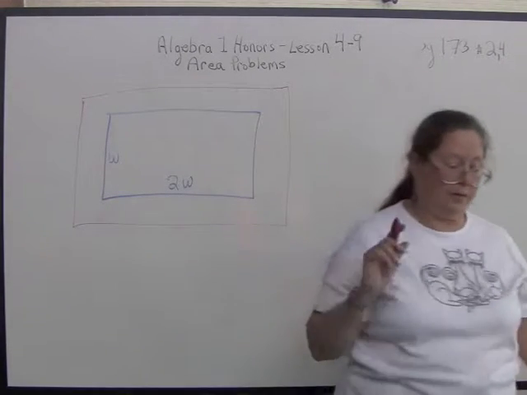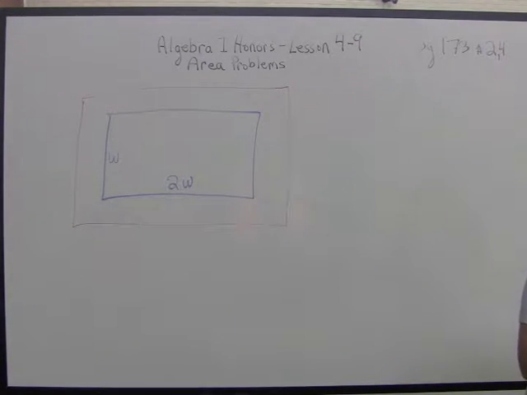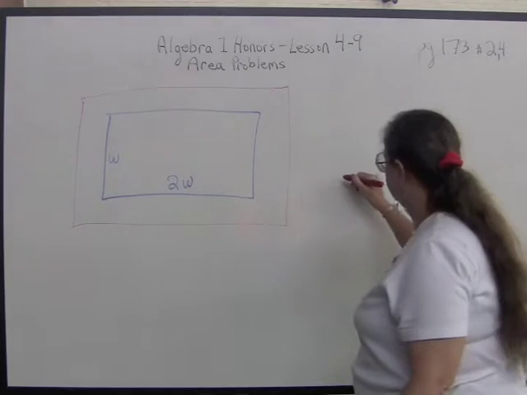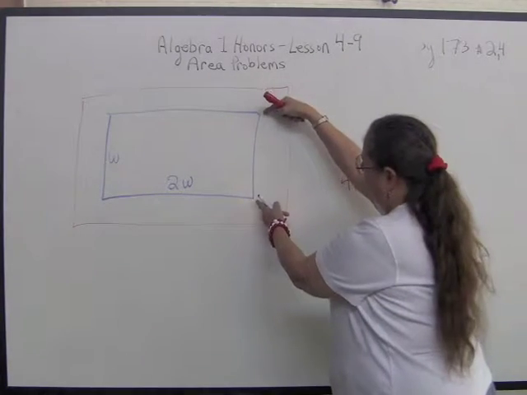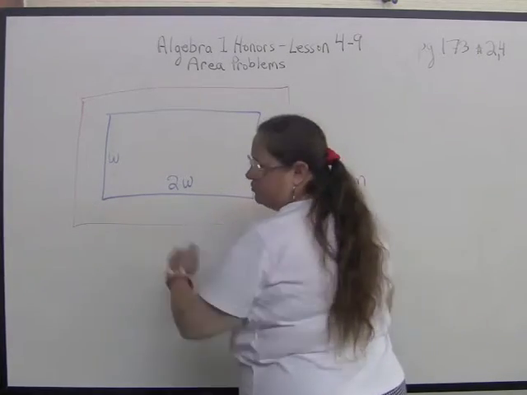And the problem tells me that I'm increasing the length and the width. It says both its dimensions are increased by 4 meters. So I add 4 meters to this dimension and 4 meters to this dimension.